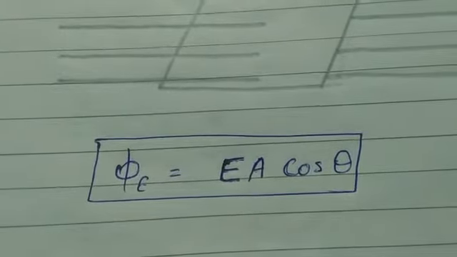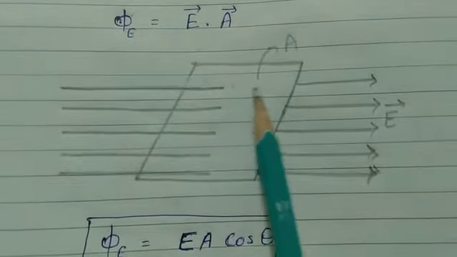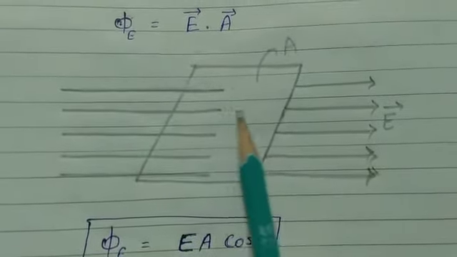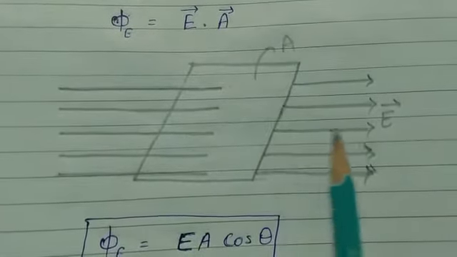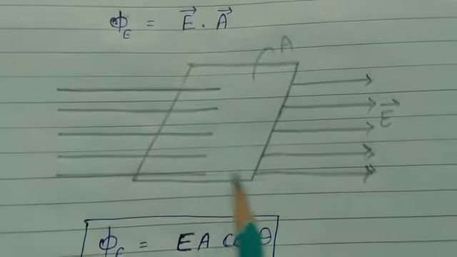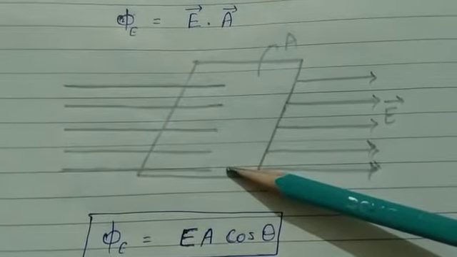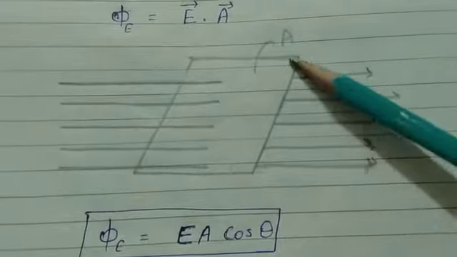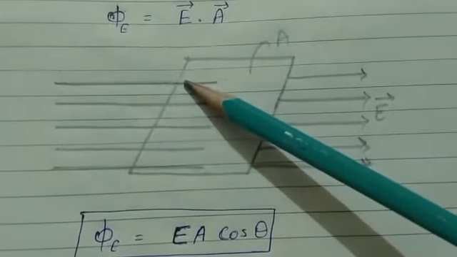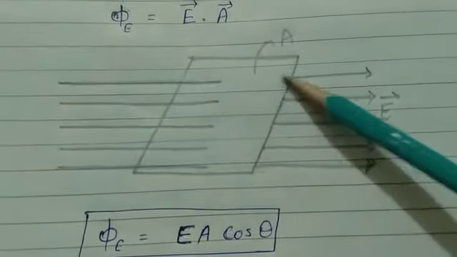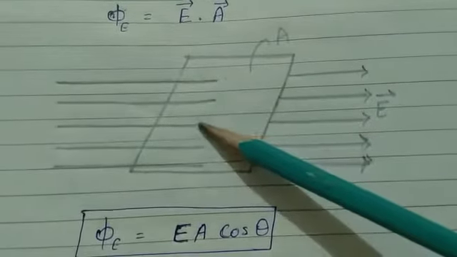Now let us see what it means when we say area is normal to the field. Here you can see E is there. This is the direction of electric field E. If we put any surface perpendicular to this field, the electric field lines will pass through that area.